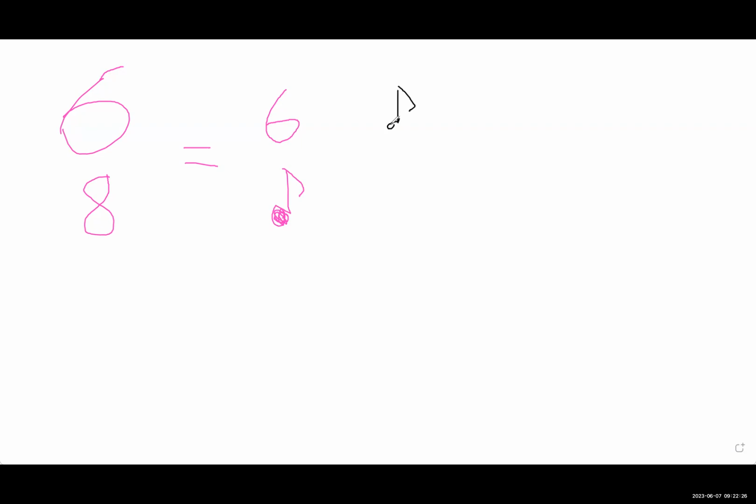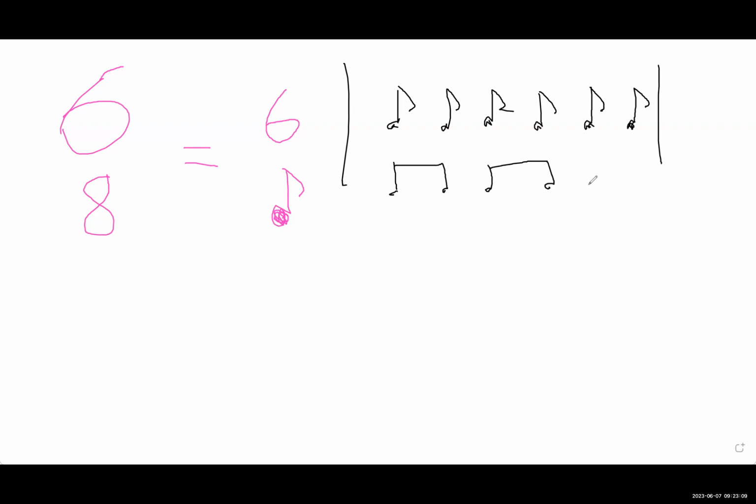Instead of drawing 6 of these, 1, 2, 3, like this, in a bar, even if I want the music to play 6 notes in that bar, I'm not going to draw it like this. I'm going to start beaming them. The word beam is the line across the top, right? I'm going to beam them together. But should I beam them this way, 2 by 2?